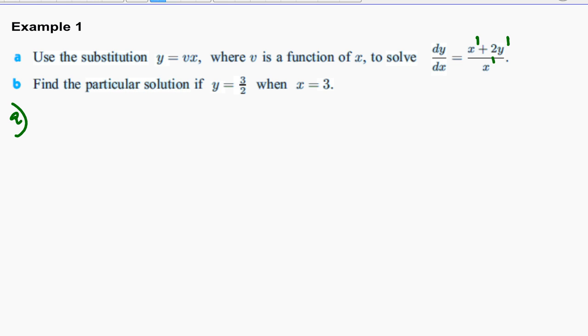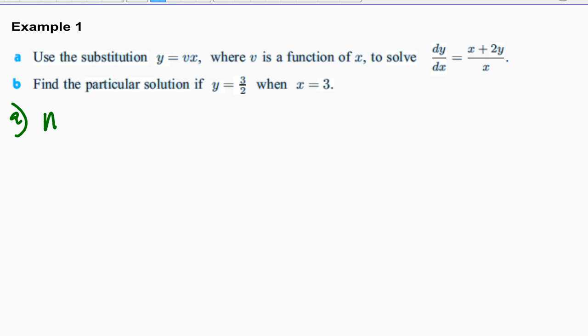So we'll multiply the numerator and denominator by 1 over x to the power 1. Okay, so we multiply both numerator and denominator by that. Let me just write it down to give you an idea of what I've just said.